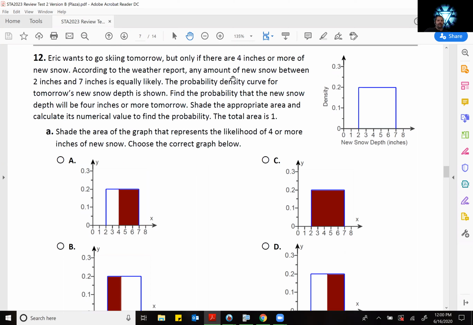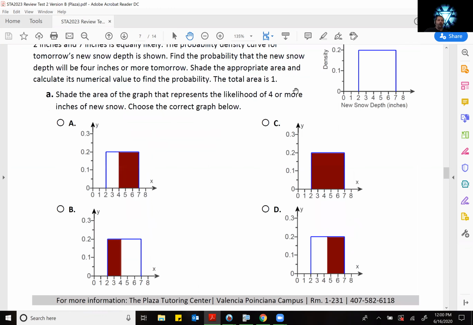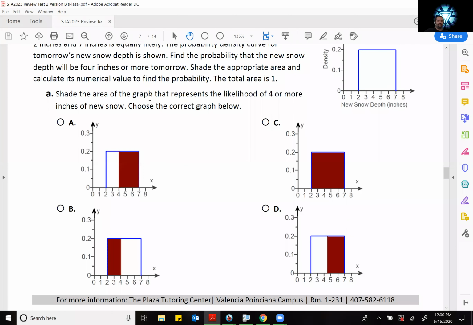The probability density curve for tomorrow's new snow is shown. Shade the appropriate area and calculate its numerical value to find the probability. Remember, the total area under this thing is 1. So which one of these graphs represents 4 or more inches? A. You got it.